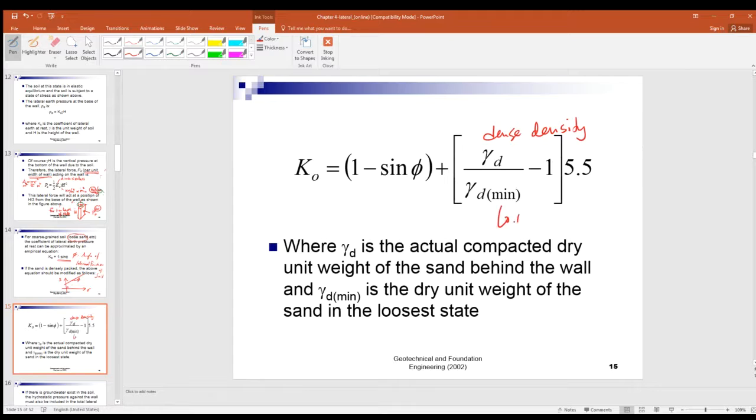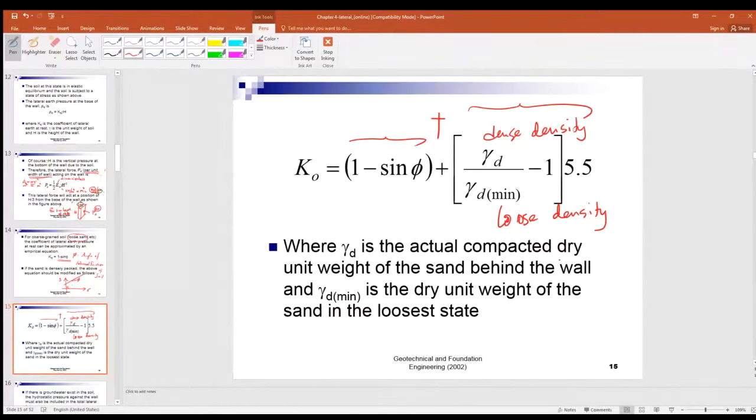And the denominator is the loose density, the density of sand in a loose state, while the other is the density in a dense state. So you have to add these parameters into the 1 minus sine phi. You have to plus it. That is the correction factor, right?